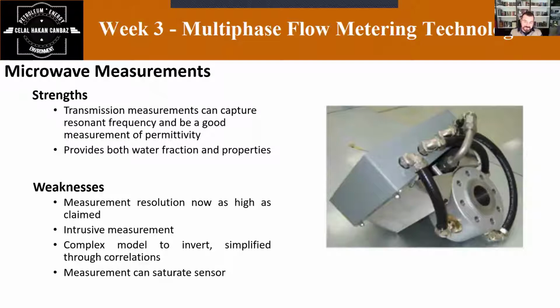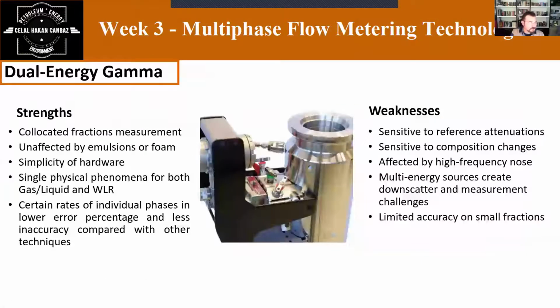So from this point, I will continue with one of the latest technologies and one of the best methods applied in the industry. We call it the dual energy gamma system. Its strength is collocated fractions measurements.